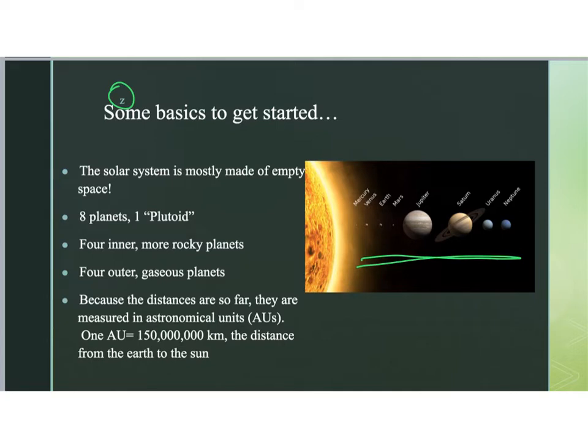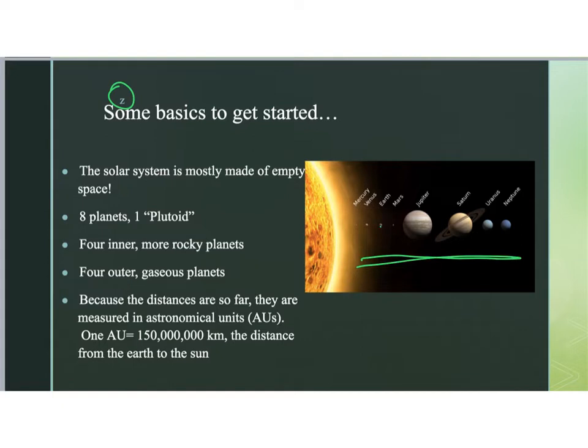And then another thing kind of interesting, I think this parallels atoms too. Atoms and distances there, or sizes of protons and stuff, are in atomic units. In the solar system, the distances are so far, it's so much the other way, they're measured in astronomical units, AUs. So 1 AU is 150 million kilometers.